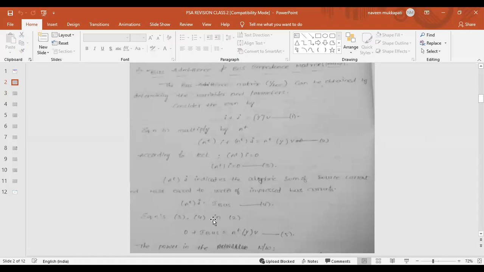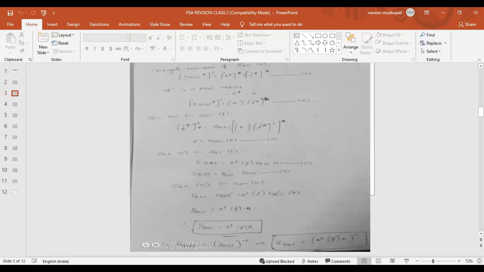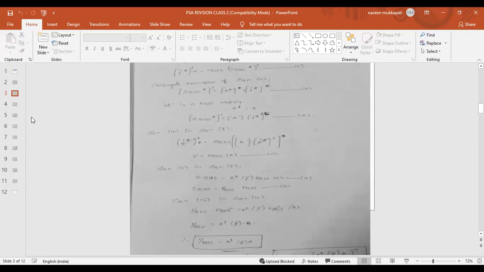Next, substitute equations 3 and 4 in equation number 2: A transposed I, which is 0, plus A transposed J, which is I bus, is equal to A transposed Y V. That is equation number 5.